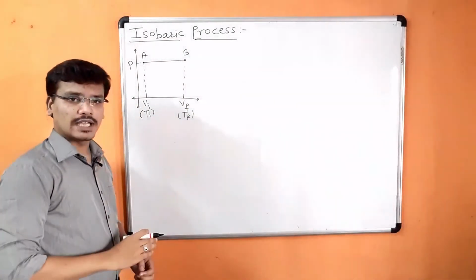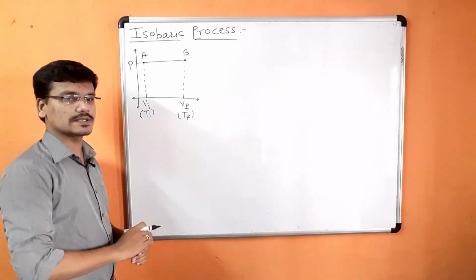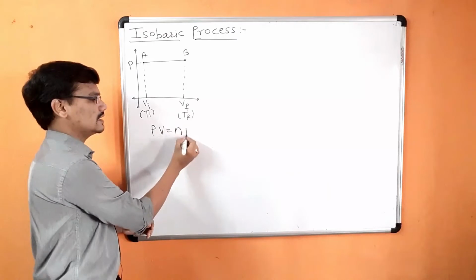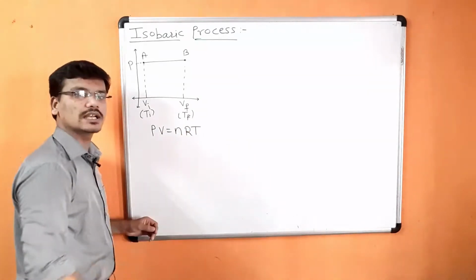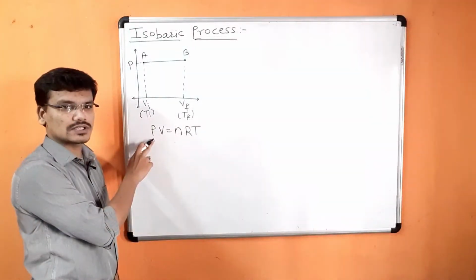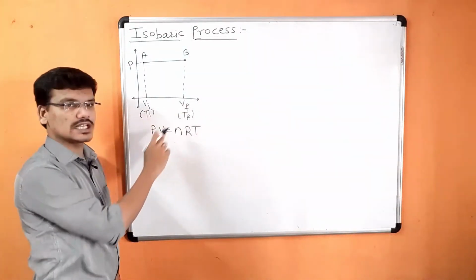Next, the equation of state for this process. The general equation of state is PV equals nRT. For the isobaric process, pressure is constant and volume changes.